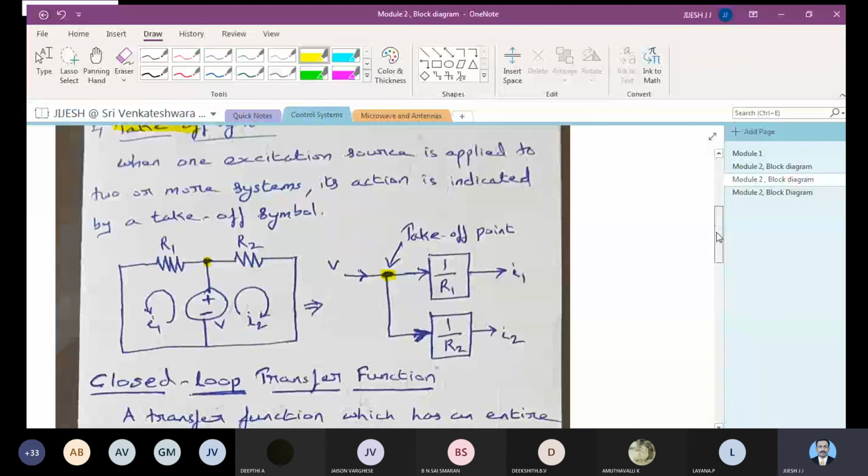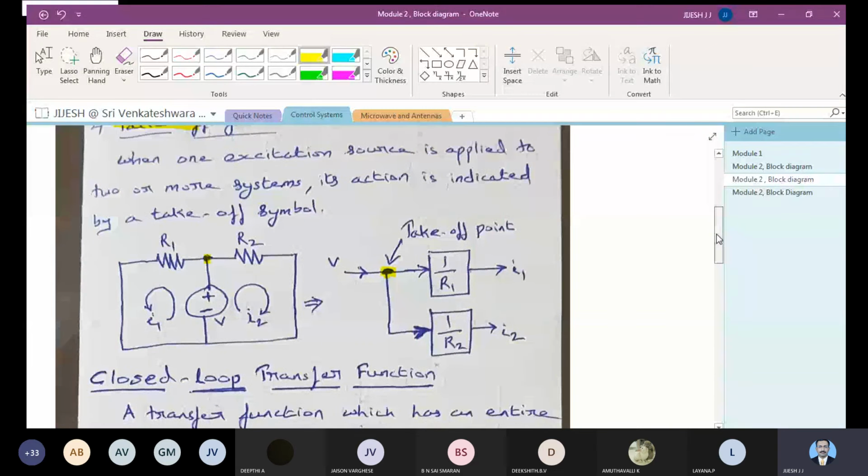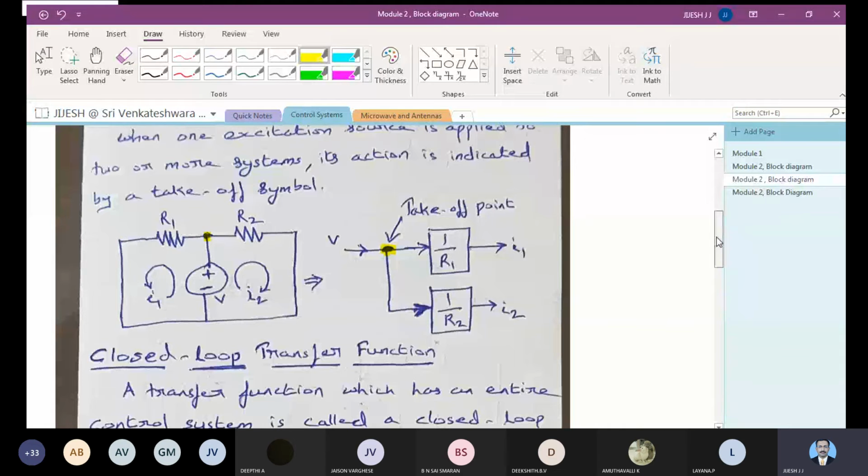You have completed? See, if you have completed, just let me know then. It's over? Yes, sir. Yeah, then you are clear with takeoff point as well as summing point. We'll move on further.